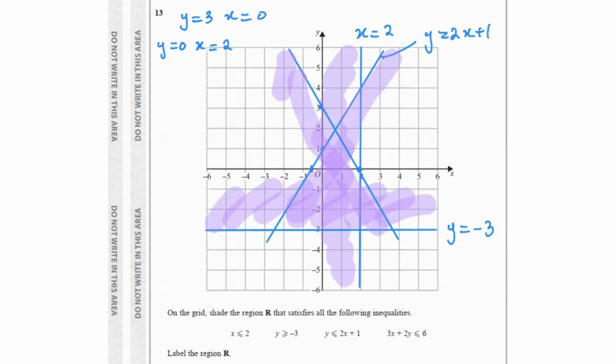So if I remove everything else, this is our region that we're concerned about. This is R.